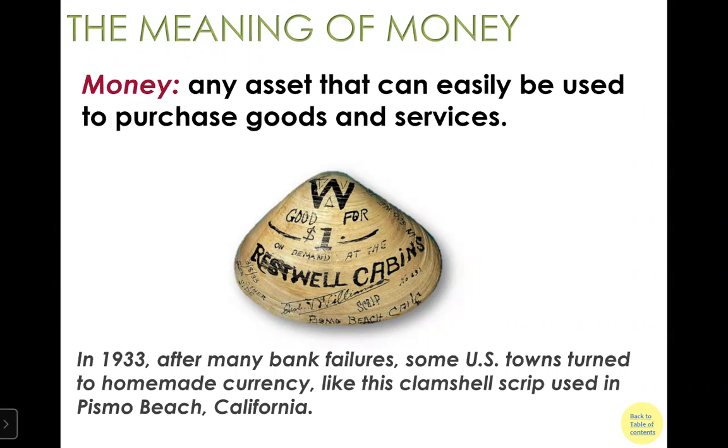In a sense, the banks collapsed, and people lost confidence in the banks, or in the money issued by the banks. Then some U.S. towns, particularly small towns, instead of using money provided by the bank, turned to homemade currency. Like this background picture shows, they used clamshells to purchase goods and services. Right, so this is just an extreme form.